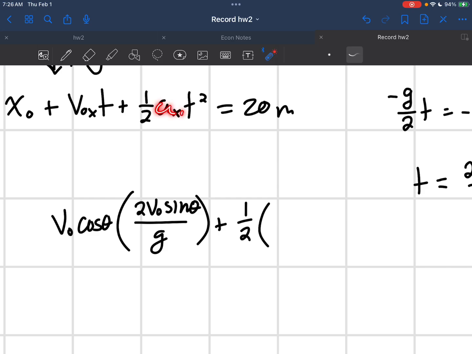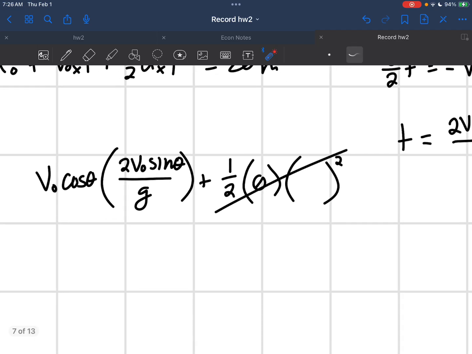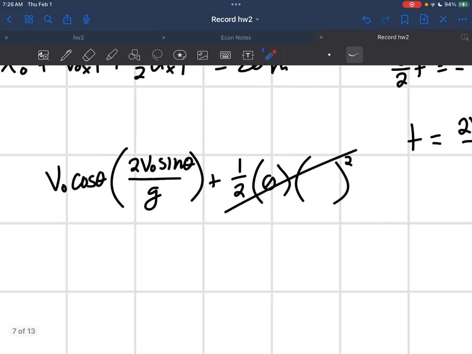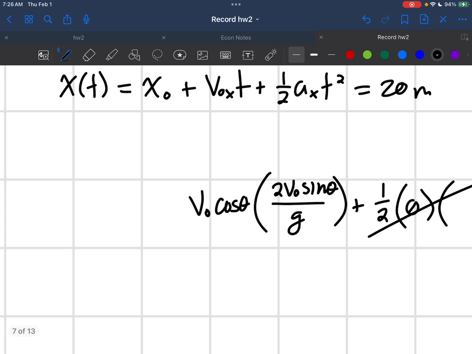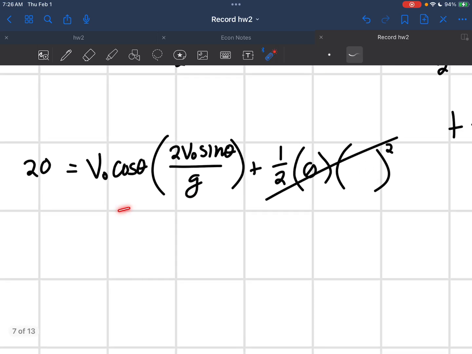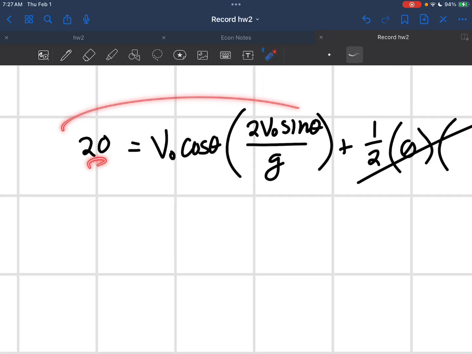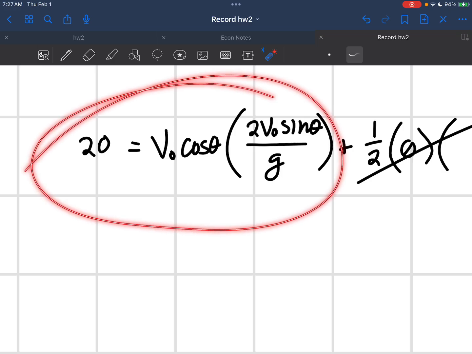Well, we said a x was 0, so that's going to make this whole term go to 0 anyways, which means I don't have to plug in this gross thing, square it, and then simplify. All I have to do is take this term here. That's my only remaining non-zero term, and I'm setting that equal to 20. Now I'm taking this equation and solving it for v naught.